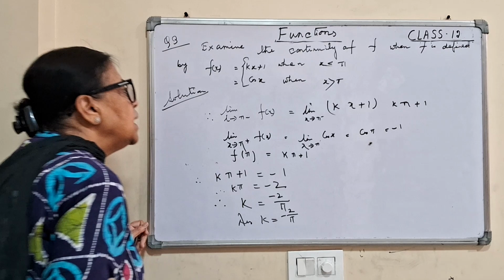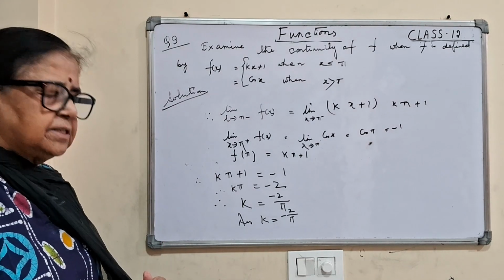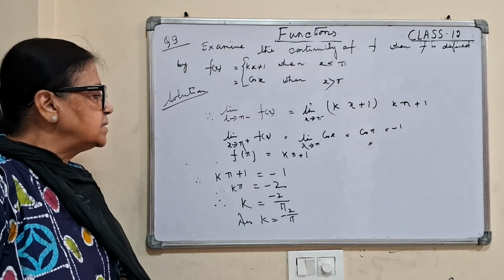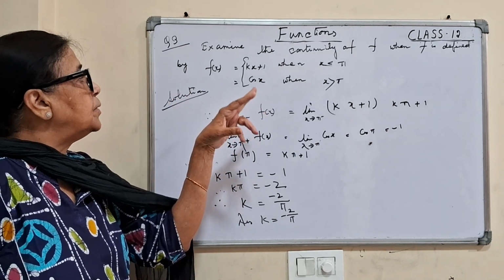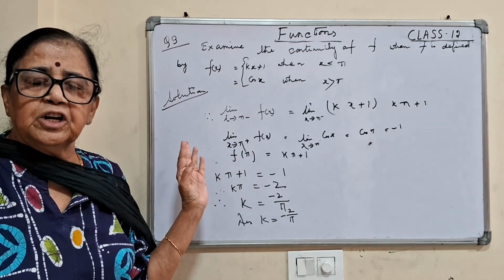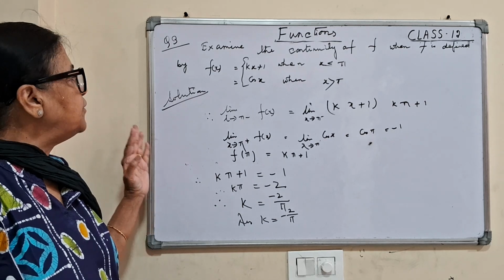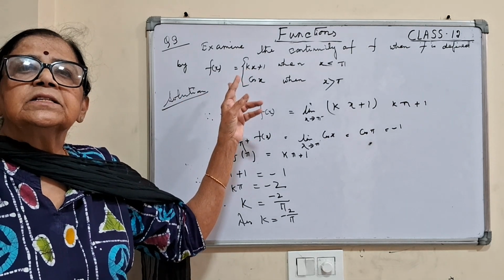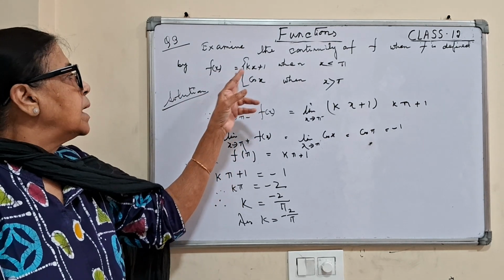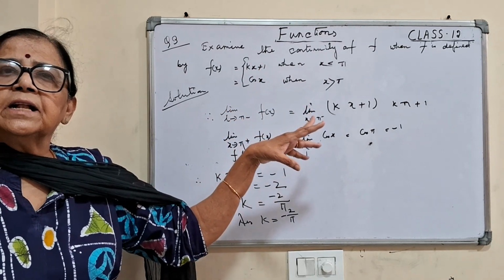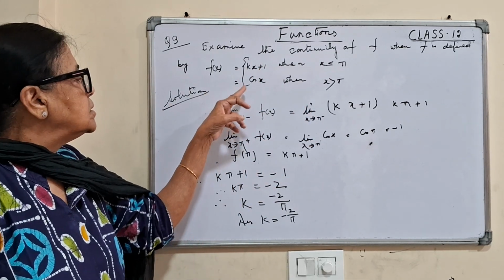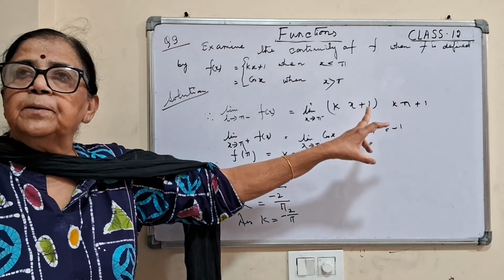Have you followed? So, this is the end of the sum. Here, examine the continuity of function f when f(x) is equal to kx plus 1 when x is less than or equal to pi, cos x when x is greater than pi.